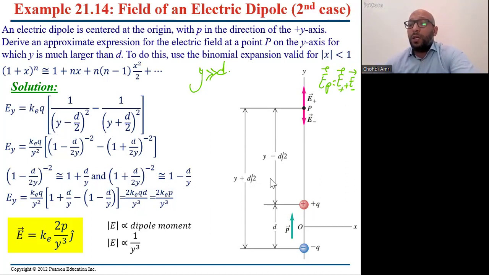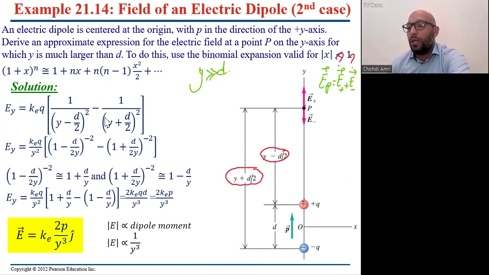At first, we will try to write the expression of E plus and then the expression of E minus. For E plus, it's kq over r squared, and r is the distance from q to the point P, which is equal to y minus d over 2, squared. The second vector is kq over r squared, where r is the distance from the negative charge to the point P, which is equal to y plus d over 2.